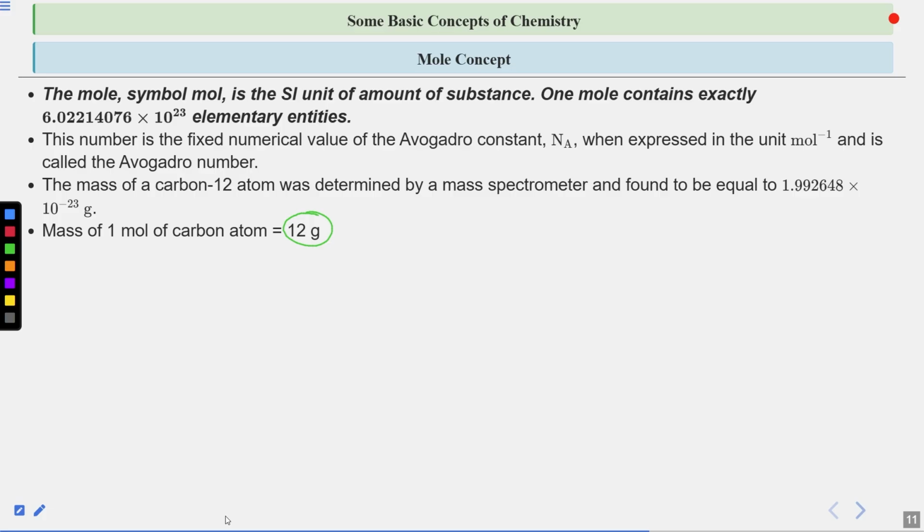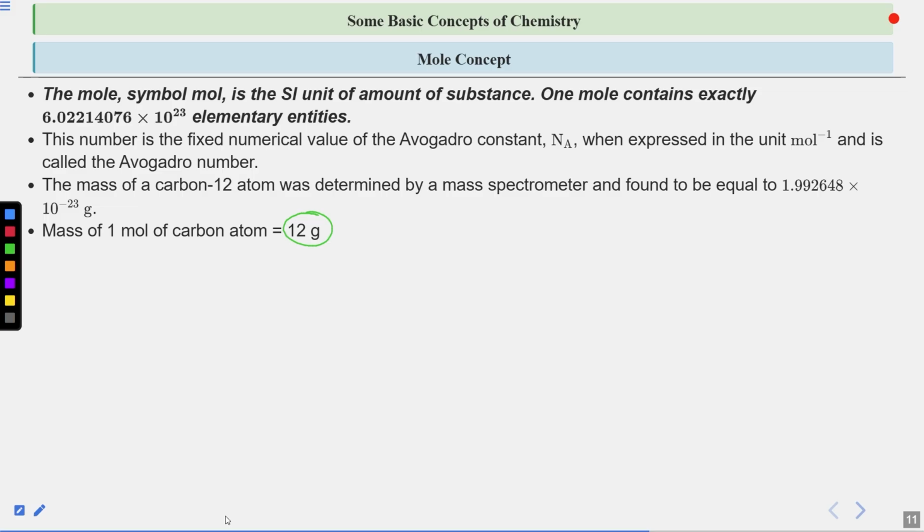The thing here is that we know that 12 U is the atomic weight of carbon. Now, if we take the same numeric value and take that much in gram, basically we are taking 12 gram of carbon, then this 12 gram of carbon will be the mass of 1 mole of carbon atoms.